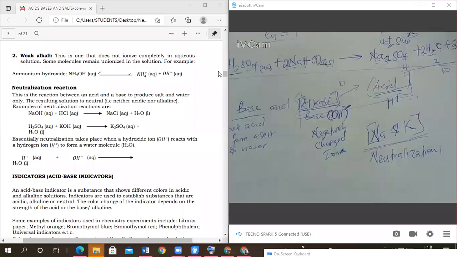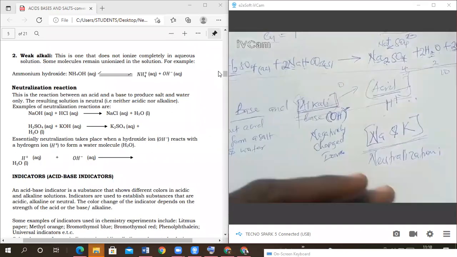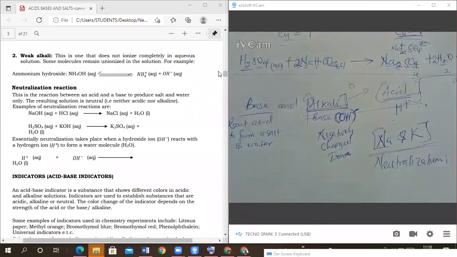Neutralization. Yeah? You are neutralizing the acid using a base. The only way you can neutralize acid is to use a base, or you dilute it further with water. So that is the only way you can get the difference.